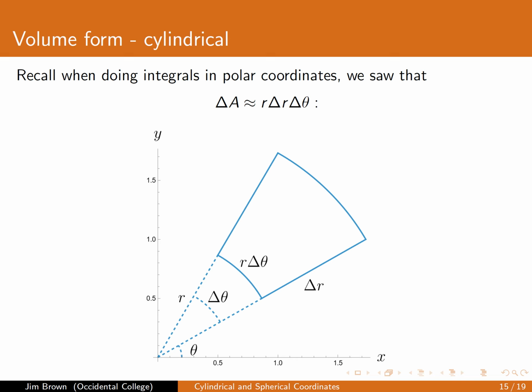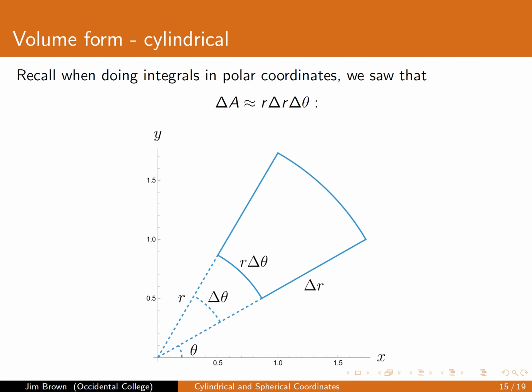Now, when we were doing integrals in polar coordinates, remember we had to figure out what does a little incremental area look like in polar coordinates. Well, we took a little incremental area like this, and we said the arc length here, we use the formula for arc length. So if we're out a distance of r, and we use a change of delta theta in the angle, then this arc length is r delta theta.